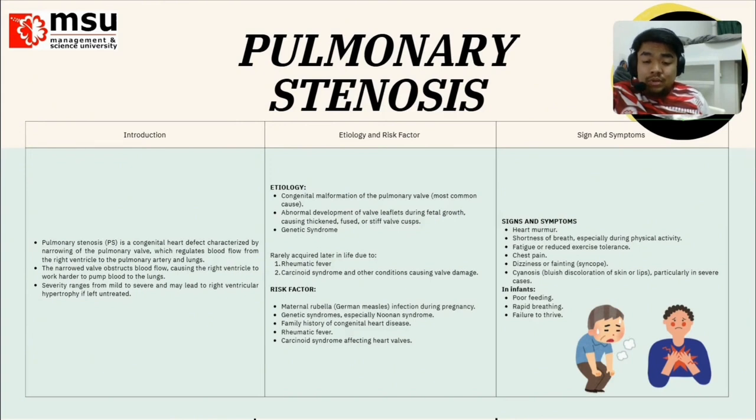Like I explained before, it can disrupt normal valve formation during fetal growth. And then family history of congenital heart disease, because certain genes involved in heart development may be inherited. And the next one is rheumatic fever. And the last one is carcinoid syndrome affecting the heart valve.